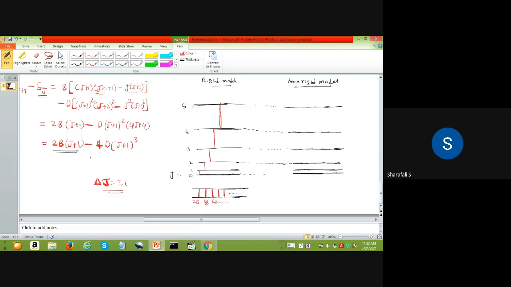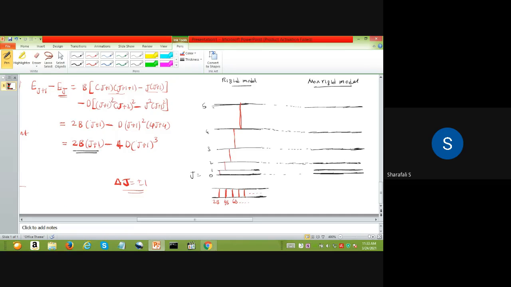But here we can see the energy difference between those energy levels. If you consider the spectra, we initially have 2B(J+1). So if you take different J values, for J equal to 0 we have 2B. Then for J equal to 1, it is 2B into (1+1).